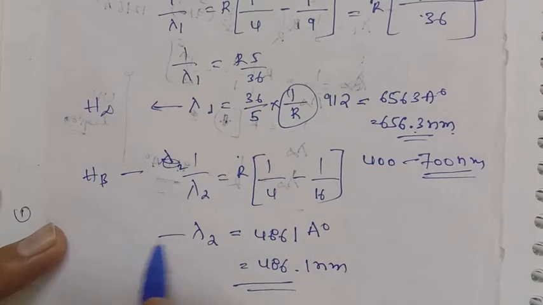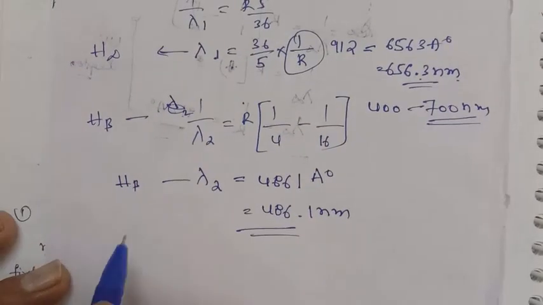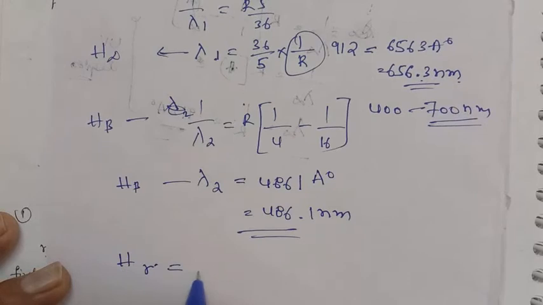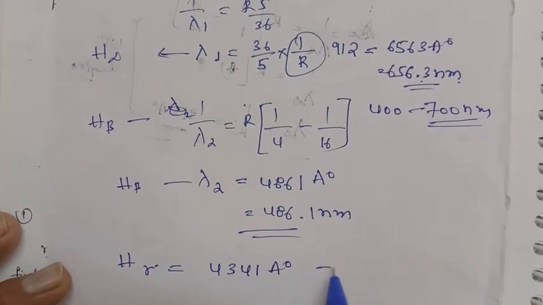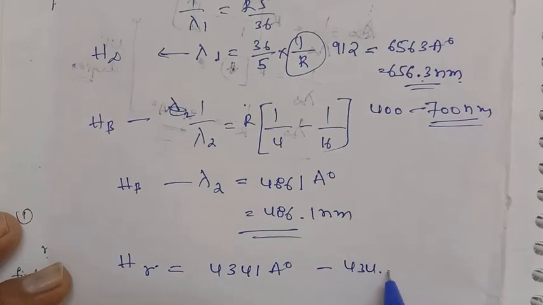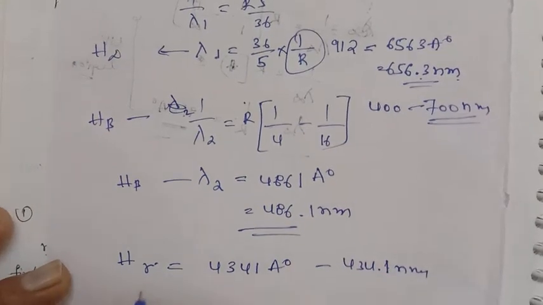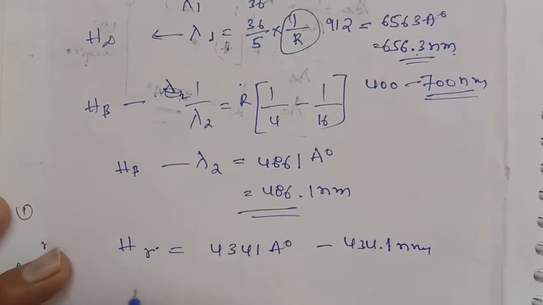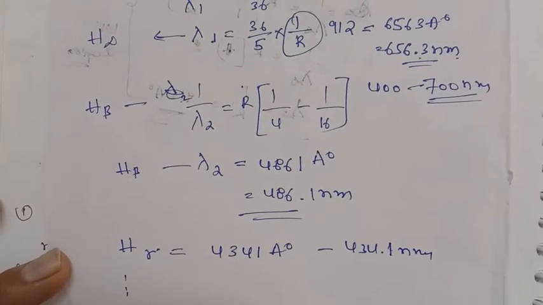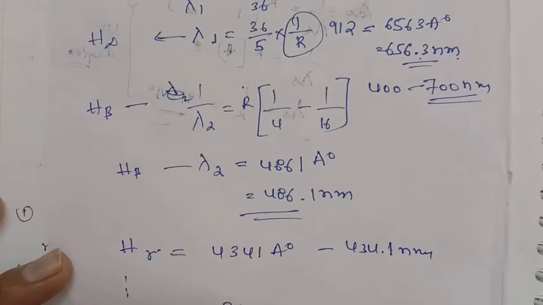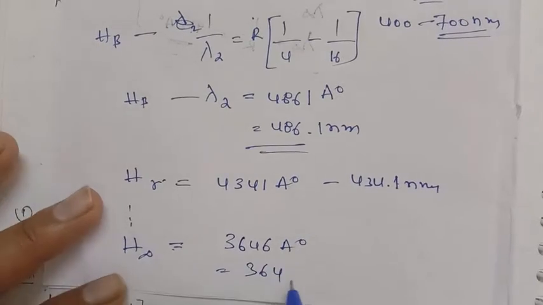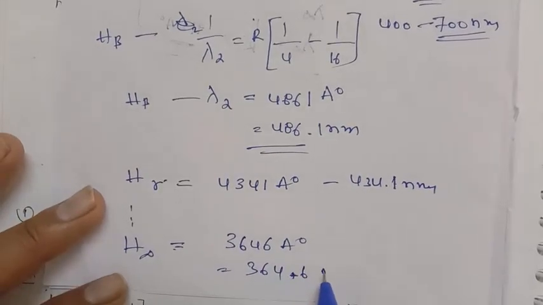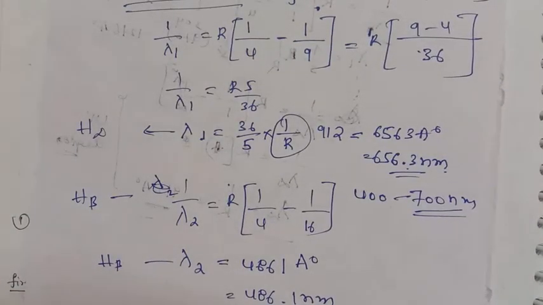It is H beta. And H gamma is equal to 4341 angstroms, that is 434.1 nanometers. And finally H infinity is equal to 3646 angstroms, that is 364.6 nanometers. So this is the Balmer series.